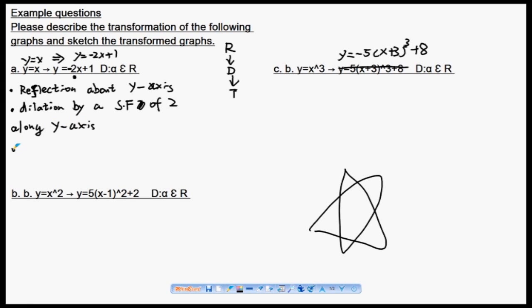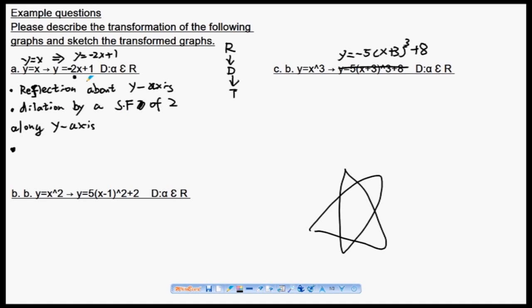The third step is translation. If x is plus or minus a constant, or the function has a plus or minus, that's how we determine whether there is a translation or not.